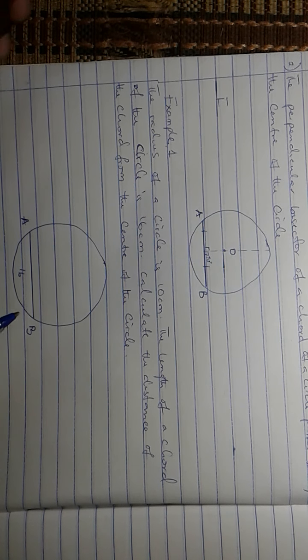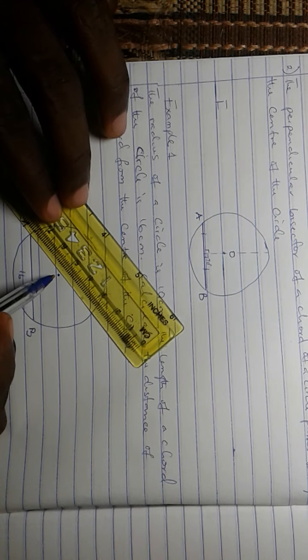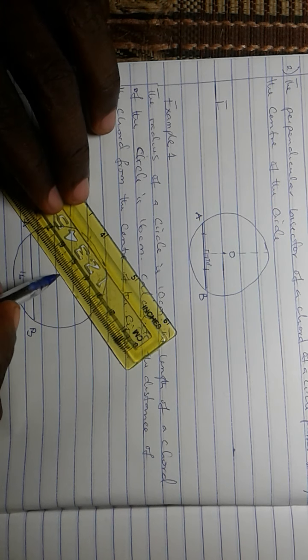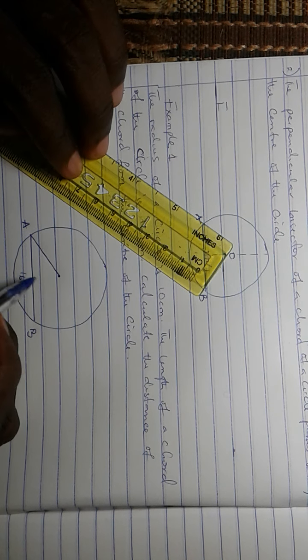So we draw our chord and label it A and B. They said that the length of this chord AB is 16 cm. Now if this is the center, a line that moves from the center to the circumference is the radius. So we have our radius here.